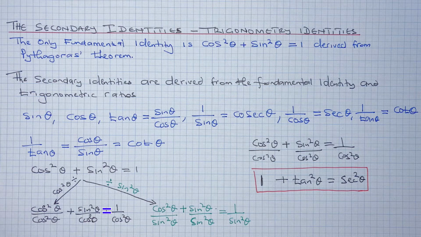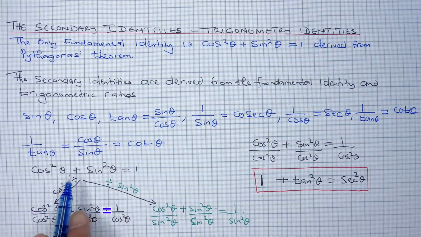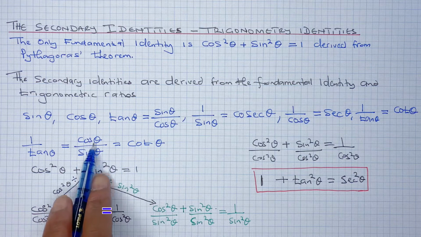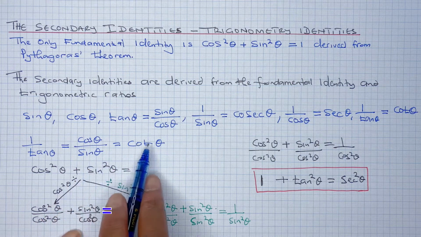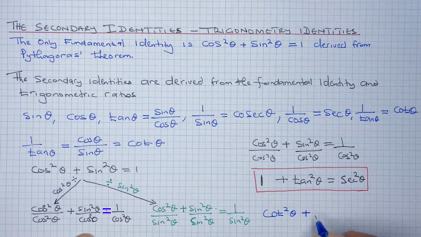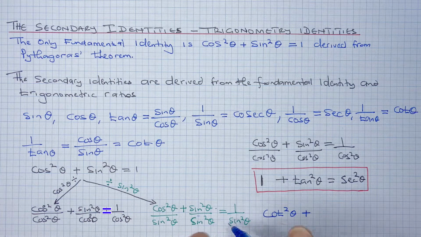And the next identity will be, if I divide that by that, I'll get cot squared theta, because cos squared theta over sine squared theta will be cot squared theta, plus sine squared theta over sine squared theta will be 1.